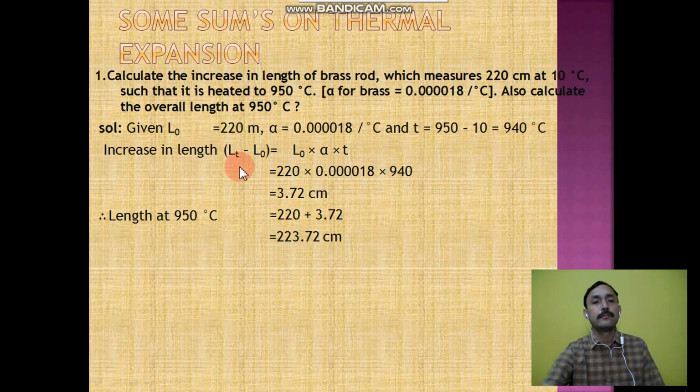So the increase in length, final length minus initial length, is equal to initial length L0 alpha into delta T. So 220 into 0.4018 into 940 becomes 3.72 centimeter. So the length at 950 degrees centigrade, LT, will be L0 plus the change in length. So L0 is 220 plus 3.72, that means 223.72 centimeter.